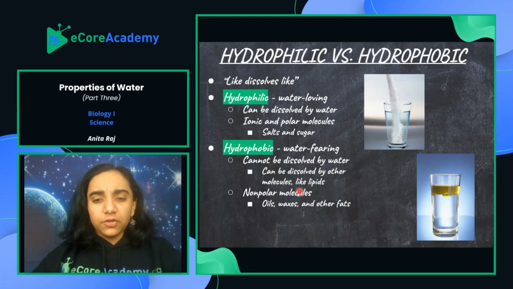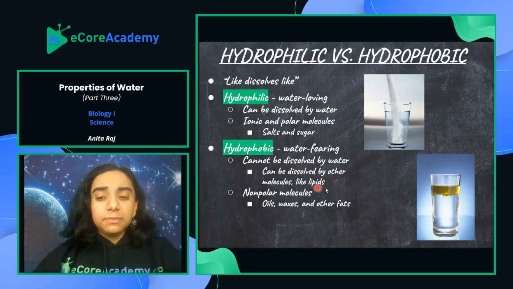They can be dissolved by other molecules such as lipids, however. Lipids are fats. We'll look at them later on, but lipids are actually nonpolar. So unlike water, they are nonpolar. But let's talk about just generally hydrophobic substances. Because they're hydrophobic, they don't like water. They can't be dissolved by water because like dissolves like.